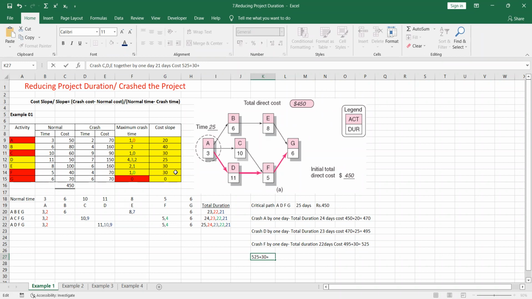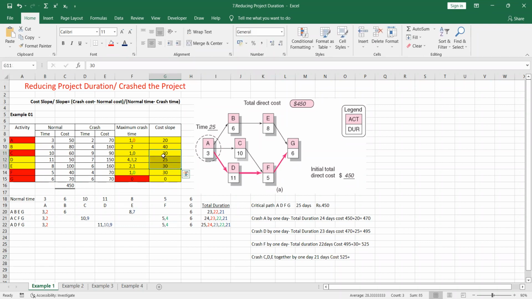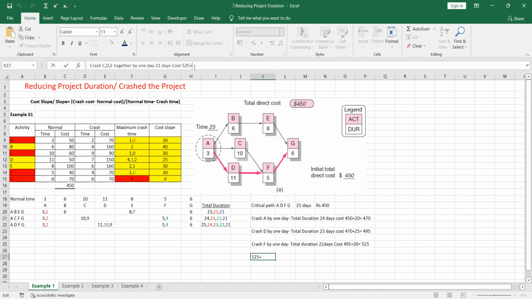Sorry, I am making a mistake. CDE. You have to add these 3: 30, 25, 30. So after adding this cost together, what is the value you are getting?